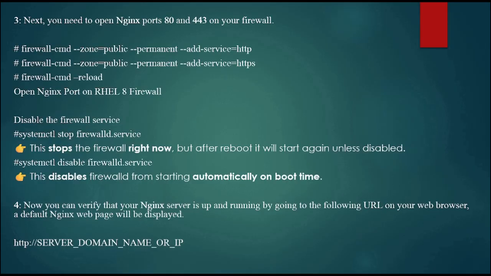After disabling the firewall, we verify that our Nginx server is up and running by going to the following URL in the browser. So after we install the Nginx server, we check whether Nginx is working properly with the help of http://our server IP.